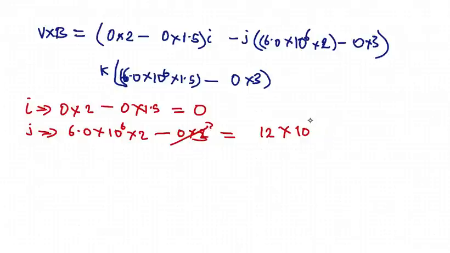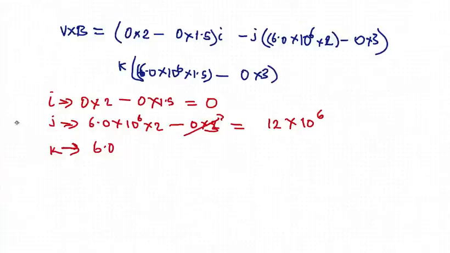Times 10 power 6. So the K component will be 6.0 times 10 power 6 multiplied by 1.5 minus 0 multiplied by 3.